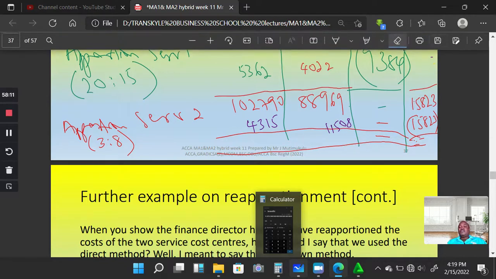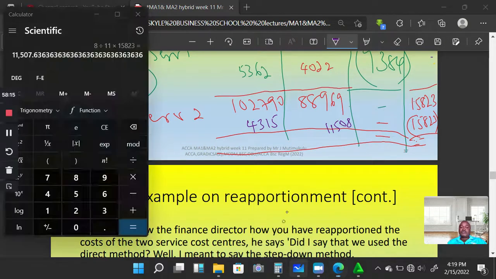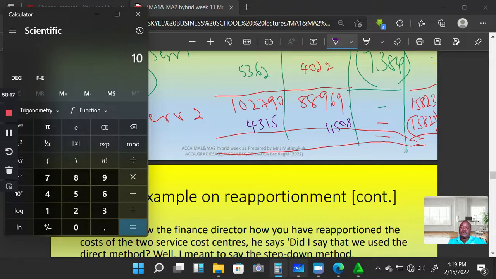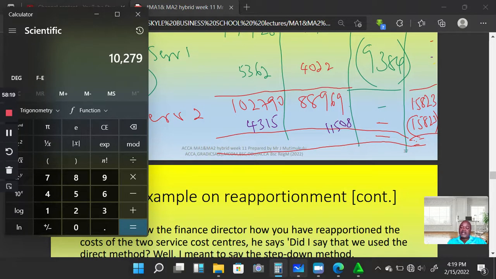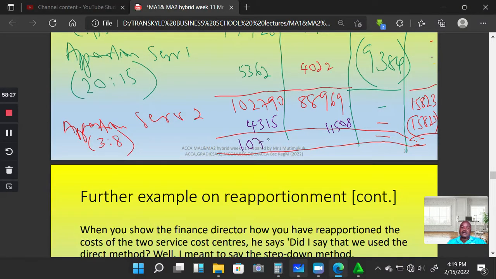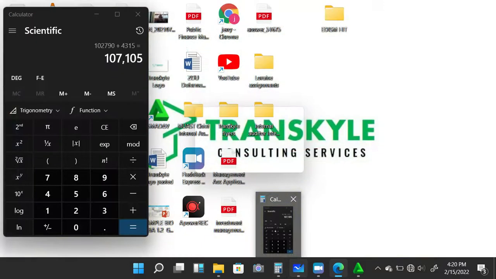Okay, so if we do a bit of tidying, we get the totals. So that's 102,790 plus 4315. That's 107,105.